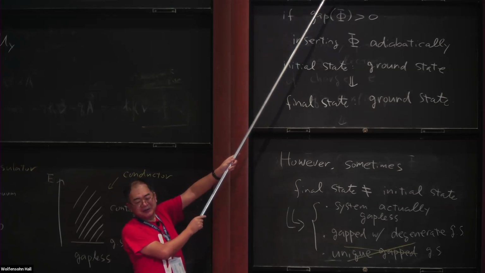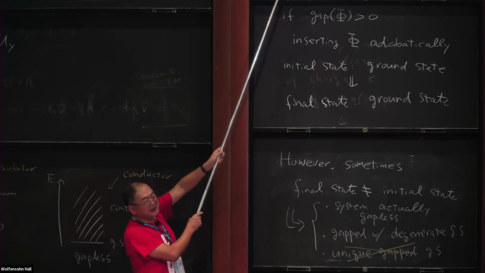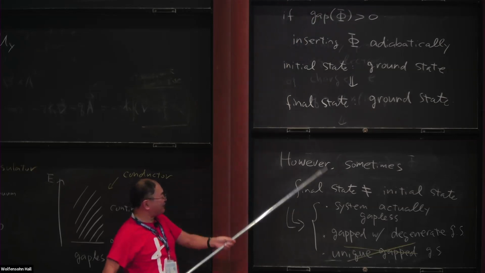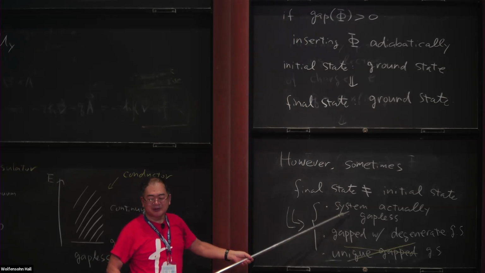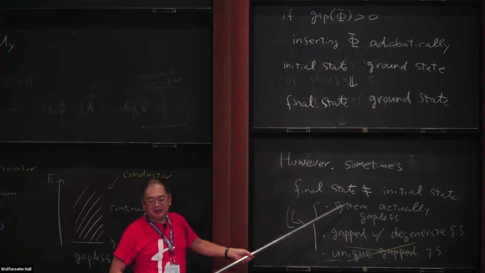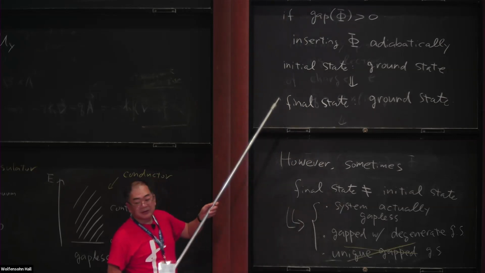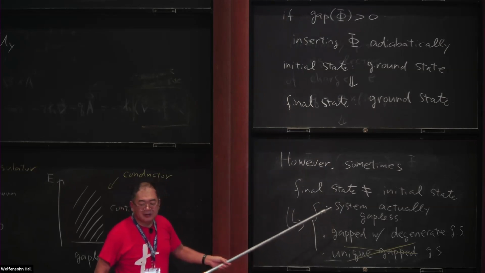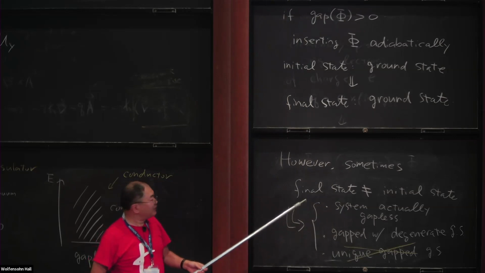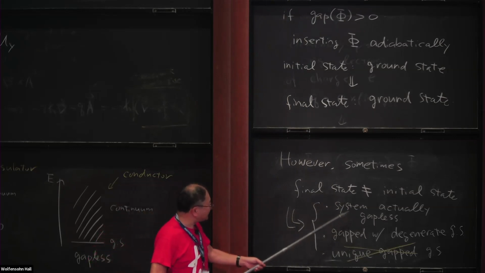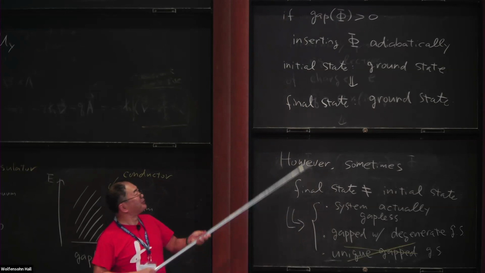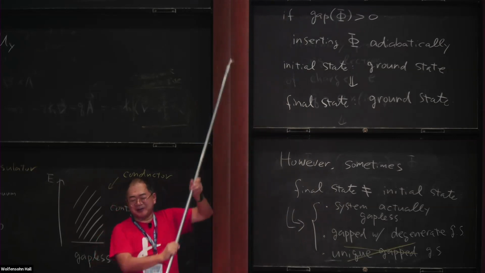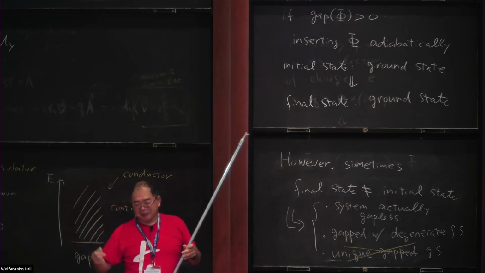That's the assumption. So if the gap is 0 at phi equals 0, then it means that the system was actually gapless. So the assumption is only useful for the second possibility. Kind of, yeah. Of course, if the system is actually gapless, then we don't need to assume anything like this, but it's always a possibility.